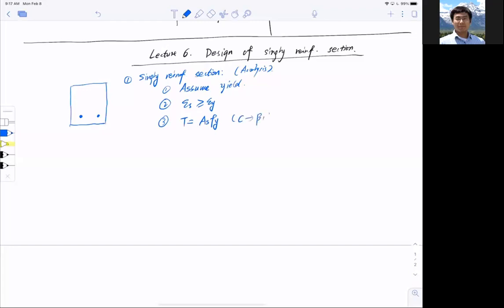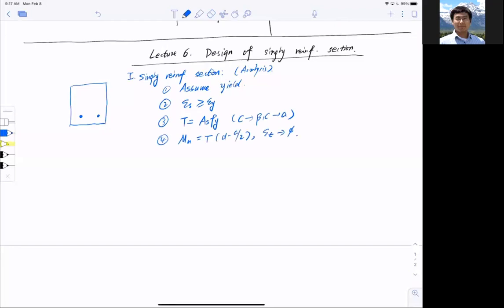Then check Mn equal to T (d minus a/2), check the strain in the last layer of bars, and check the strength reduction factor phi. So that is for a singly reinforced case.